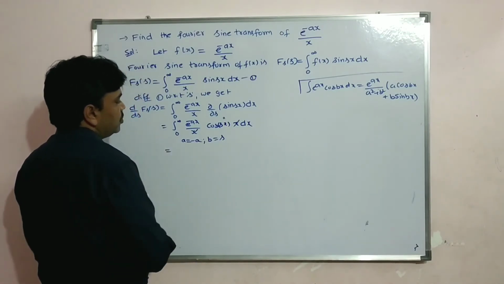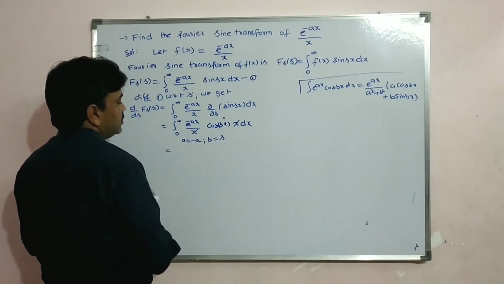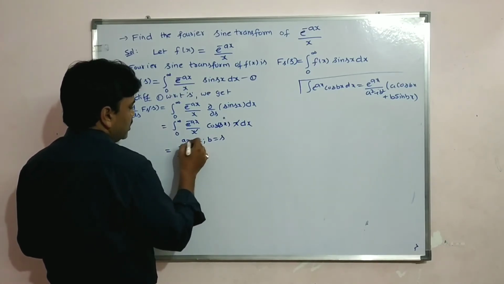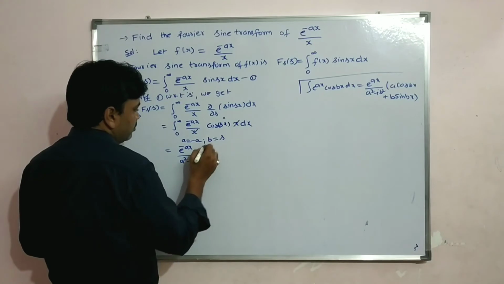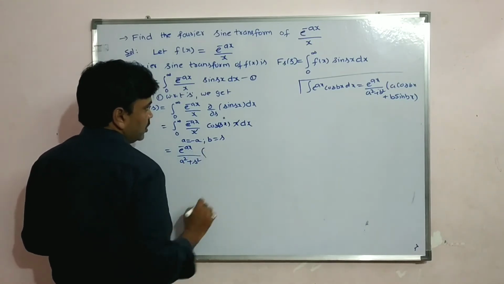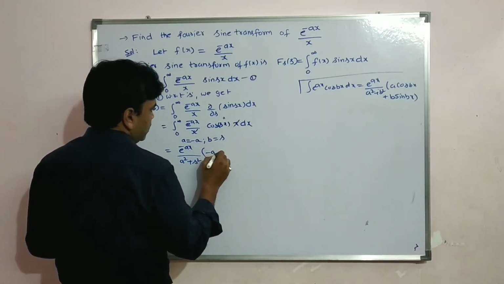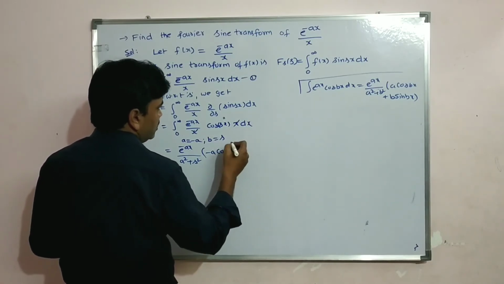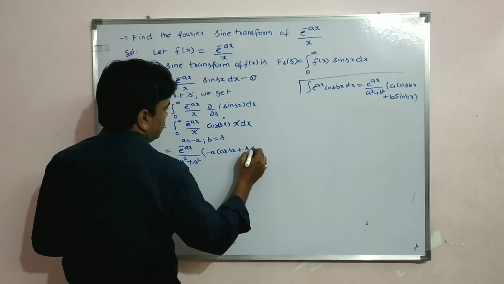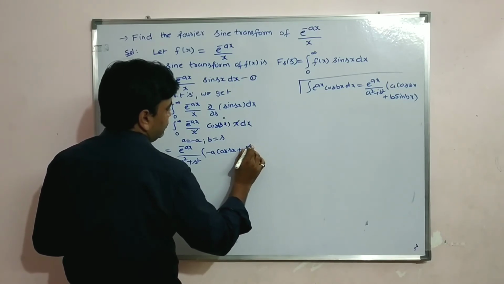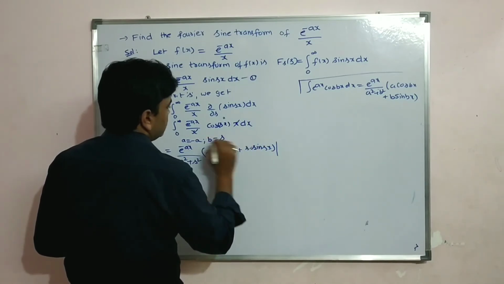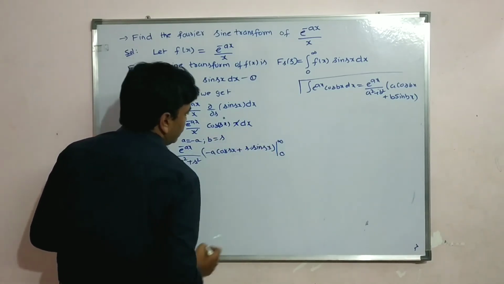So that is equal to e power minus ax by a square plus s square into minus a cos sx plus s sin sx, between limits 0 to infinity.